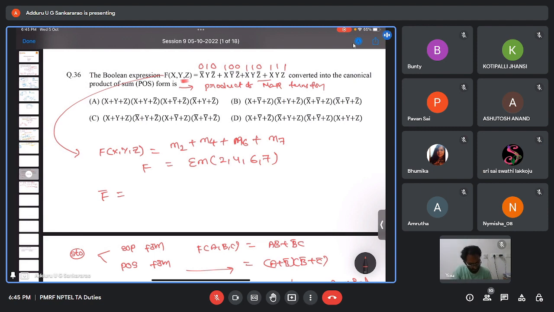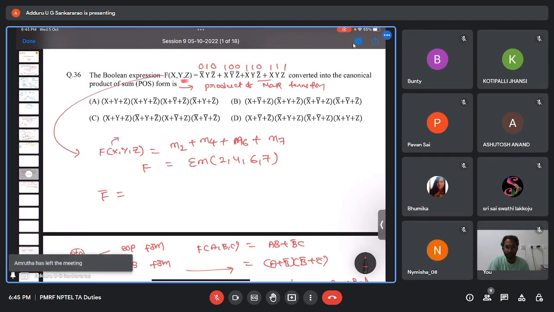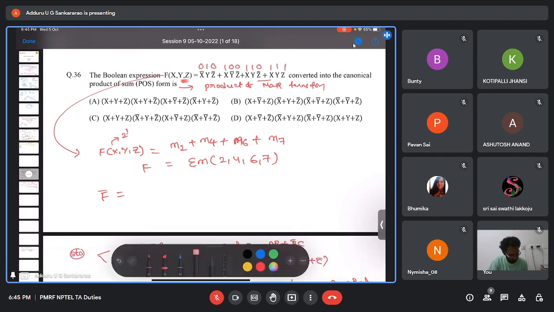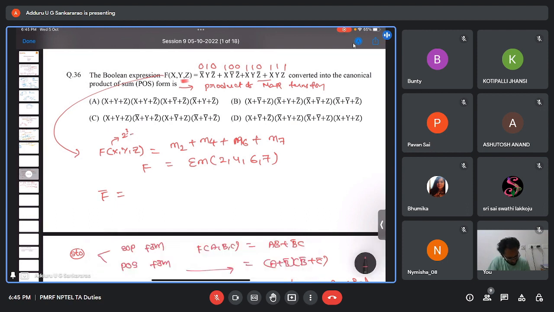Since F is a 3 variable function, how many minterms will it have? 2 power 3, that is 8 minterms. So what are the minterms? M0, M1 up to M7. Now in this case, what is F bar?